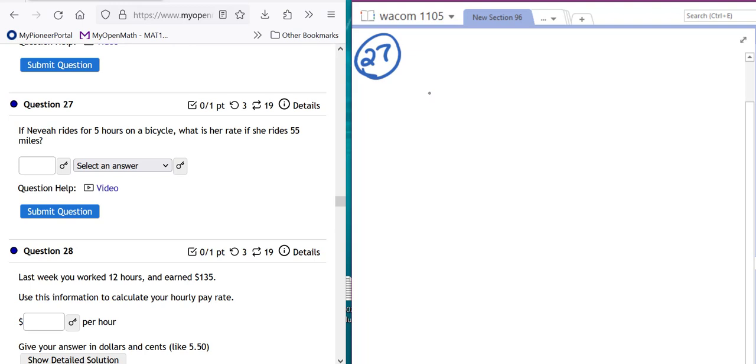They're going to want it in miles per hour. So she's riding 5 hours. This one, it doesn't work like the normal setup. What is her rate if she rides 55 miles?